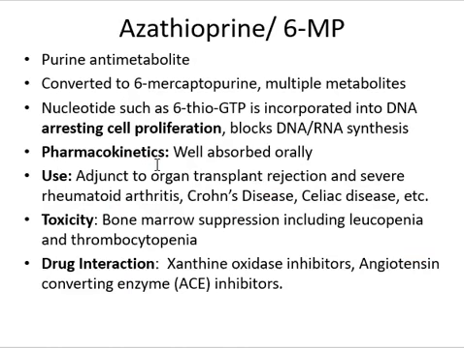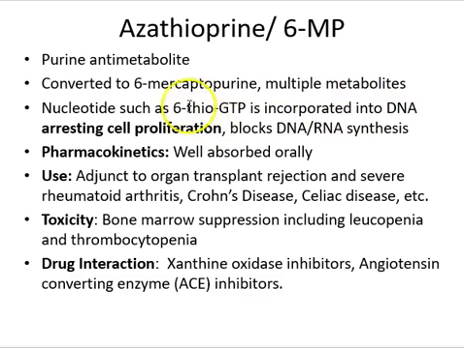Other drugs include azathioprine. Azathioprine, also known as 6-MP, is really a purine antimetabolite. It looks like a purine molecule, but when it gets incorporated, it becomes an antimetabolite. That's because it gets converted to a compound called 6-mercaptopurine, and from there there are multiple metabolic conversions. That's probably more chemistry than we need.